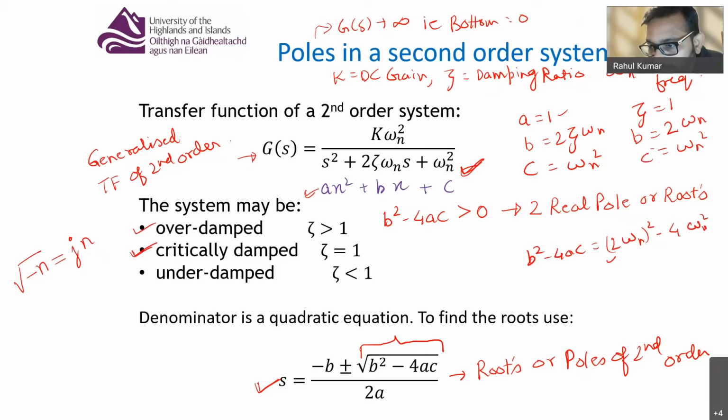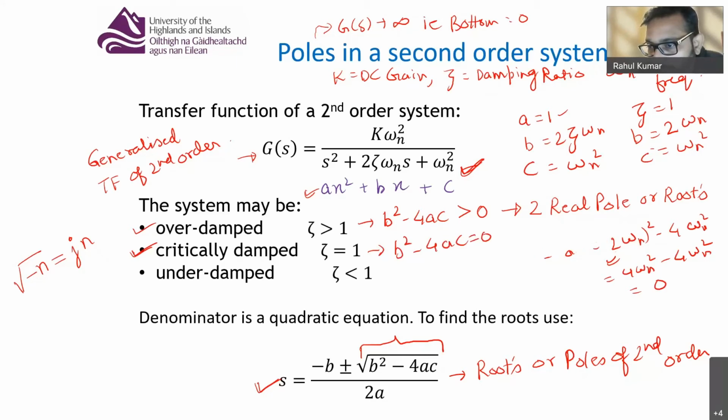Essentially this will become 4 omega n square minus 4 omega n square, that is 0. So in this condition, the value of B square minus 4AC will be equal to 0.